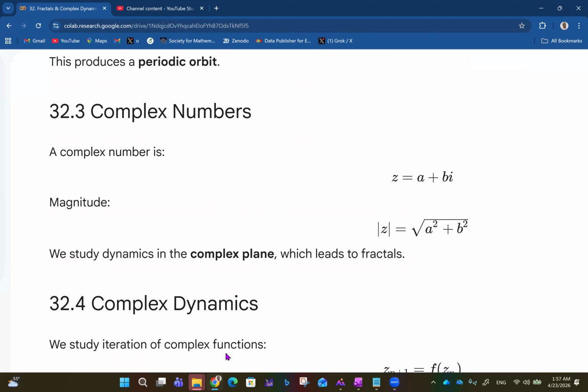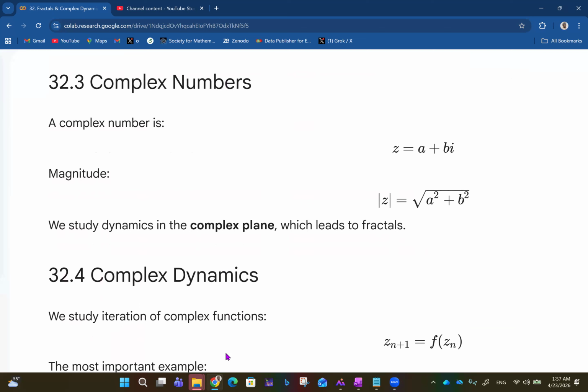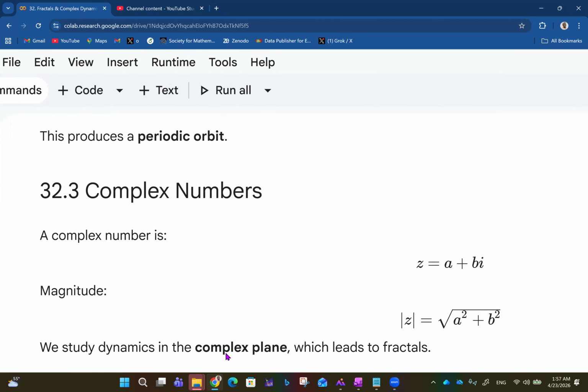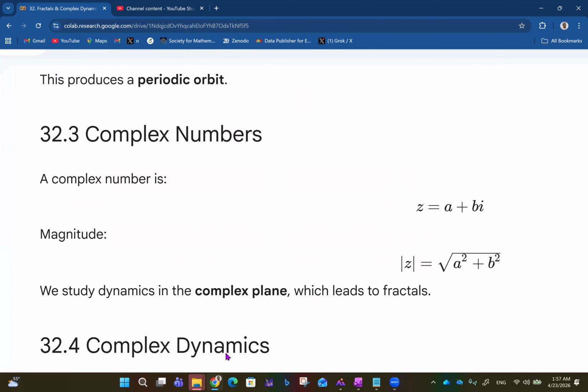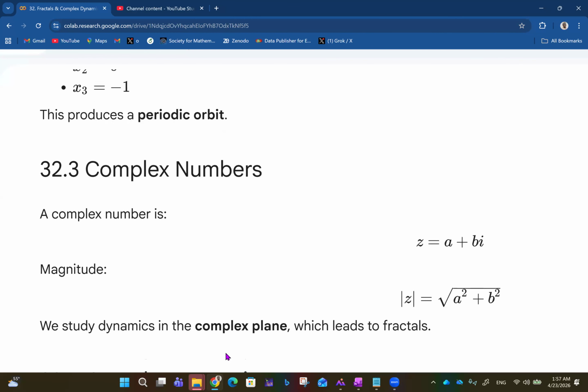So when we come to complex numbers, like I said, a complex number is z equals a plus bi, or if you like, x plus yi or whatever. The magnitude of that complex number, modulus of z, is the square root of a squared plus b squared. And then we study dynamics in the complex plane, and this leads to fractals.